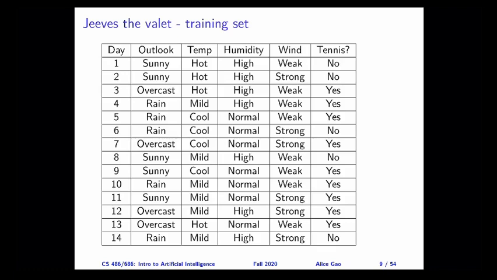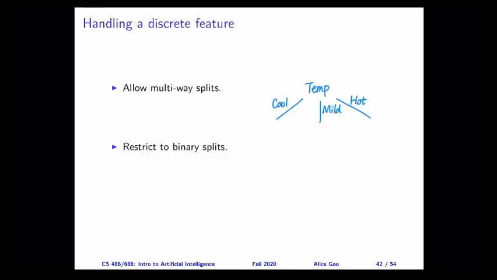Our decision tree learner algorithm, at each step, chooses a feature and makes a multi-way split using all the values of the feature. If we decide to test temperature, we're going to produce 3 branches, 1 branch for each of the 3 values. Similarly, if we decide to test wind, we are going to produce 2 branches. I've drawn an example on the slide where we decide to test temperature.